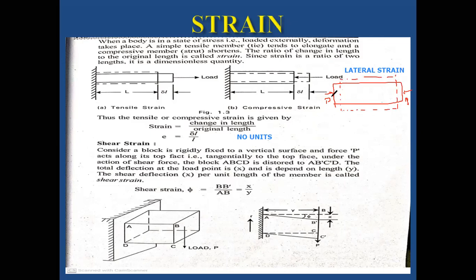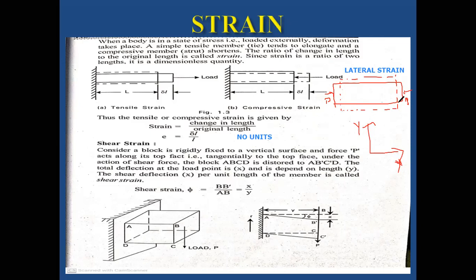So what is the original diameter of this body? After the application of load, there is a chance of change in dimension in the lateral direction. If you consider this is the x direction, if the change occurred in x direction, we can call it a linear strain. If a change in dimensions occurred in the y direction, we can call it a lateral strain.